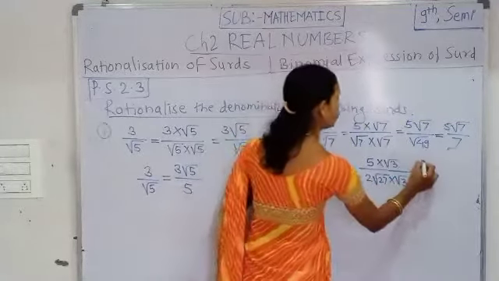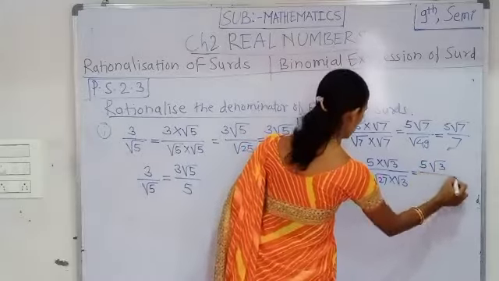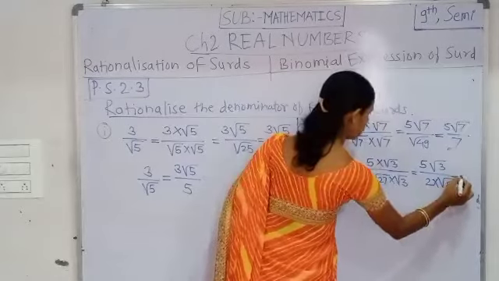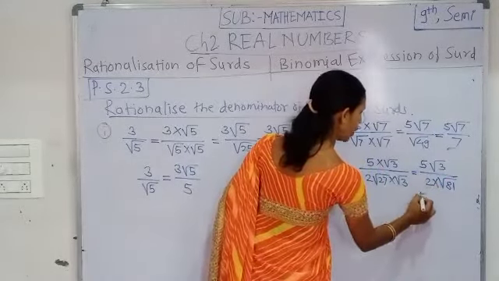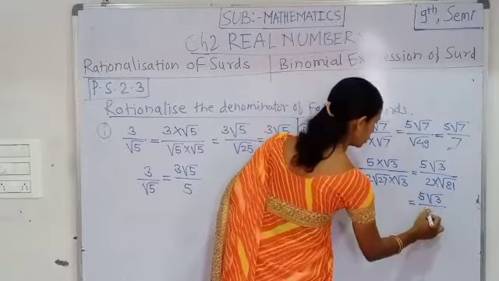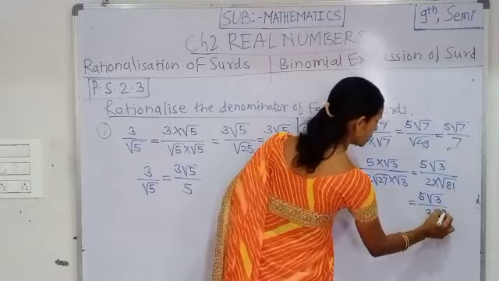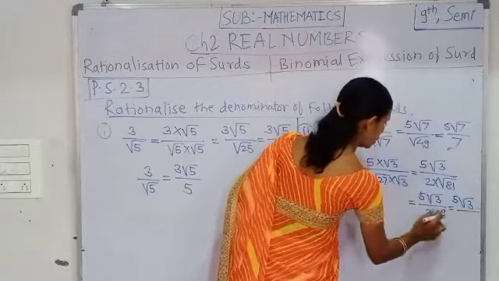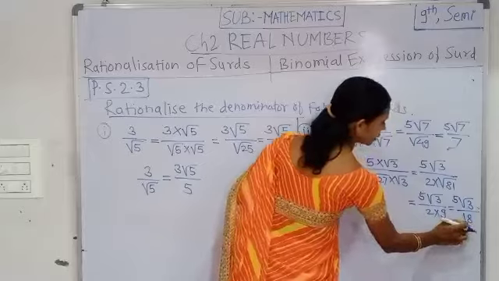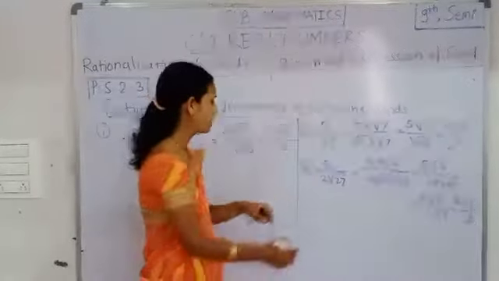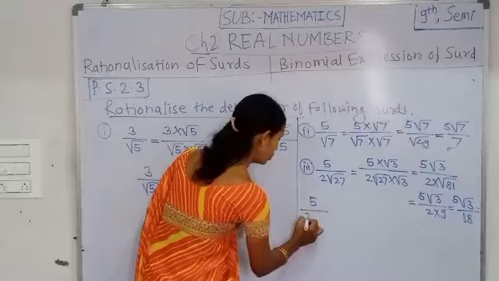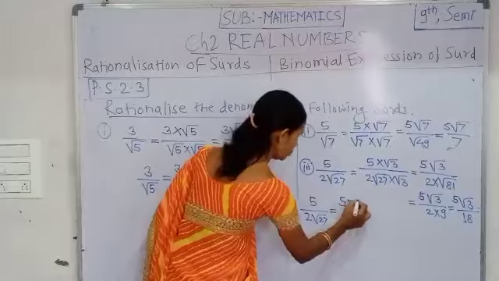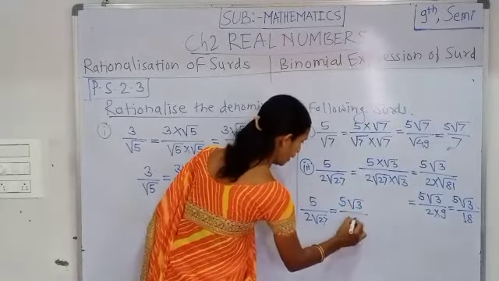Then we get, see here, 5 root 3 upon 2 into root 81. Then we get 5 root 3 upon 2 into root 81, that is 9. Therefore, here 5 root 3 upon 9 into 2, 18. See here, 18 is a rational number. That means 5 upon 2 root 27 is 5 root 3 upon 18.